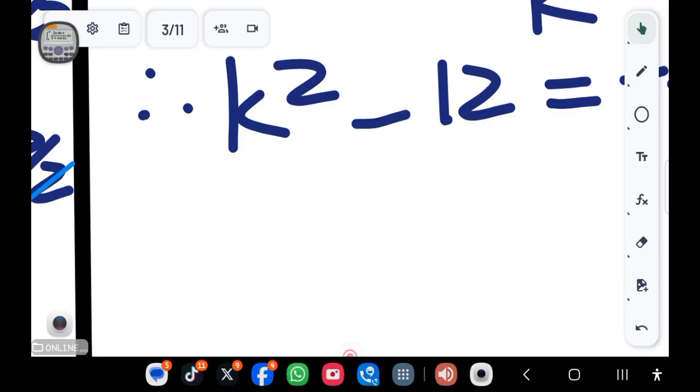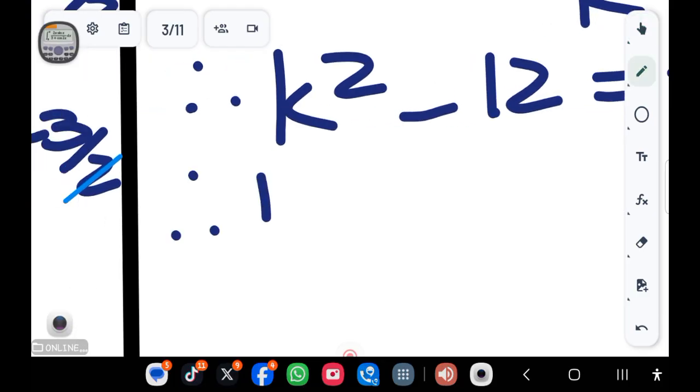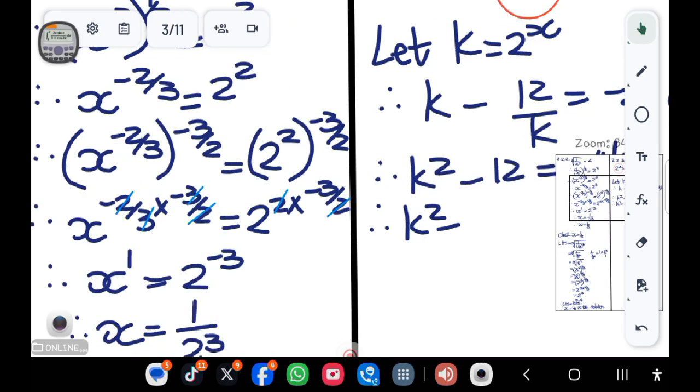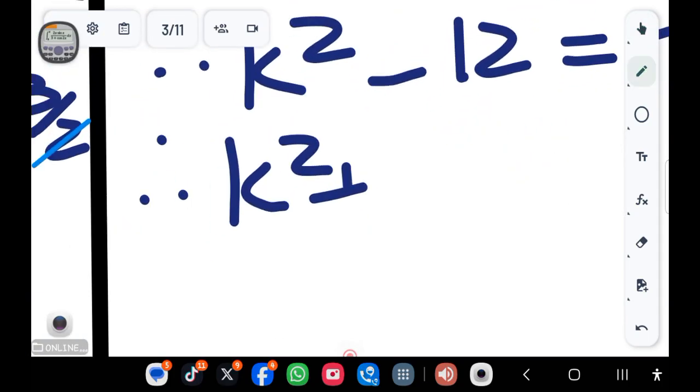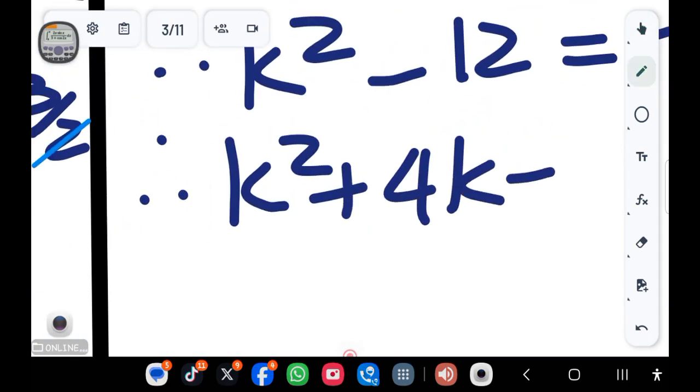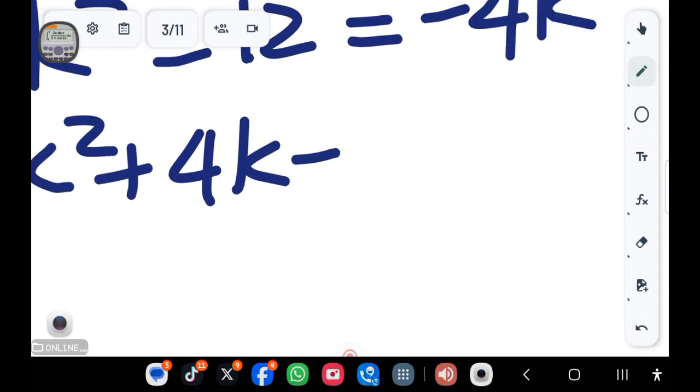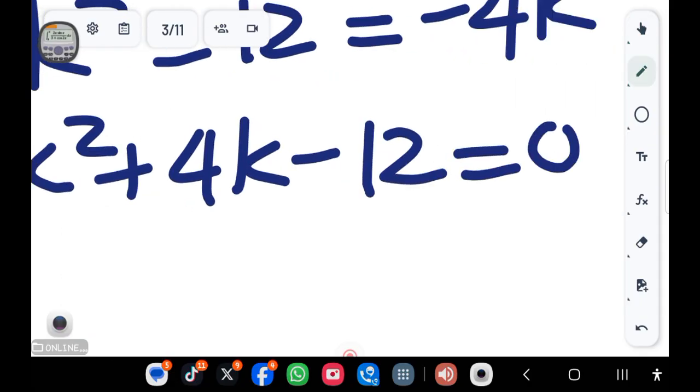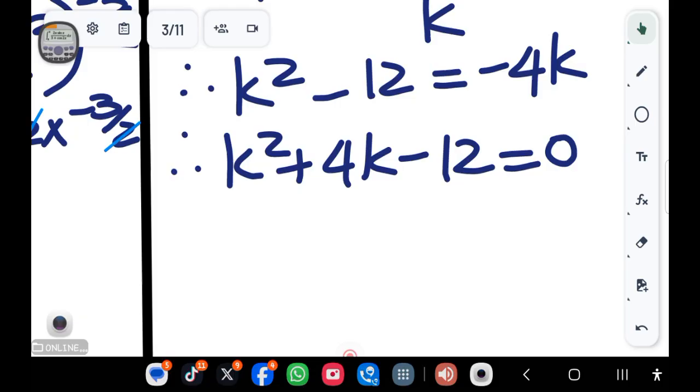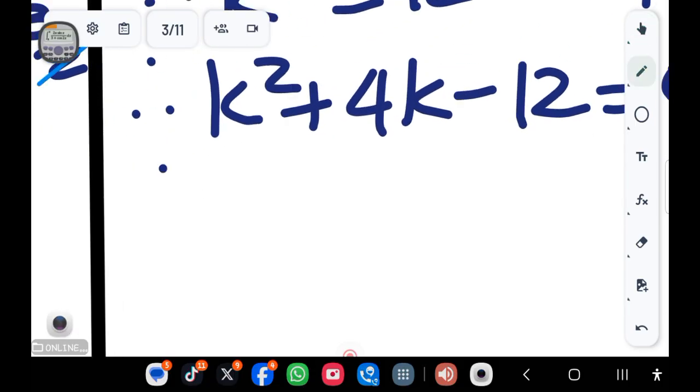Take everything to the left hand side and write it in standard format. That's k squared plus 4k minus 12 equals 0. Now it will be so much easier to factorize this. So let's factorize this.